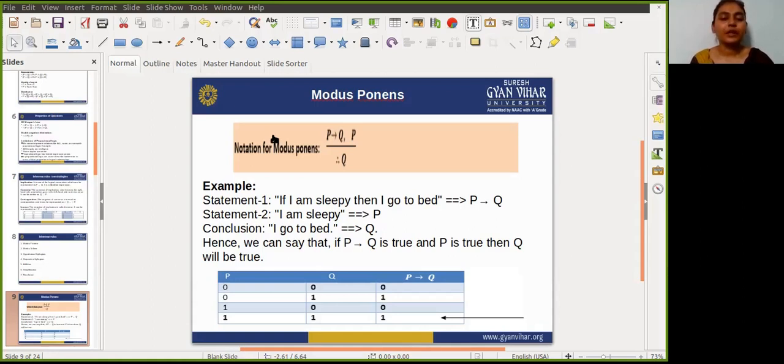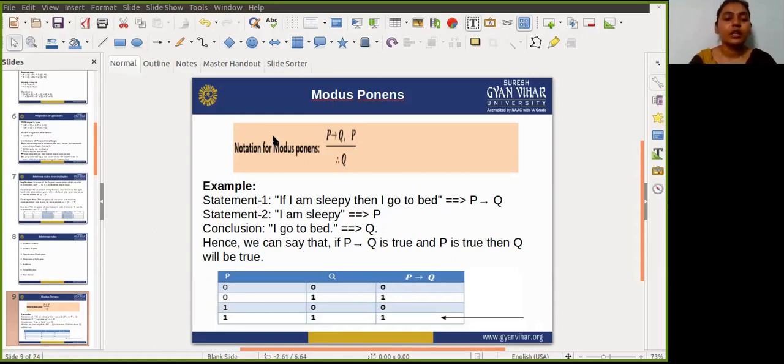For example, if I am sleepy, then I go to bed. For that I am writing an implication rule, P implies Q, where P is I am sleepy. For Q, one statement is: if I am sleepy, then I go to bed. And the second statement says that I am sleepy.